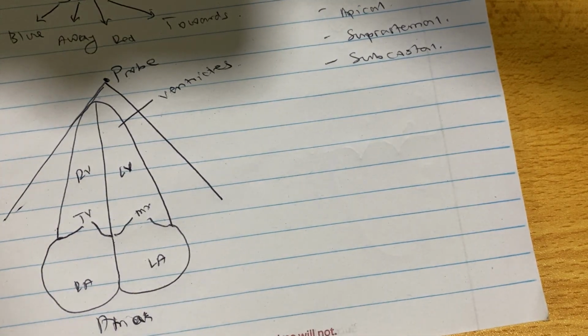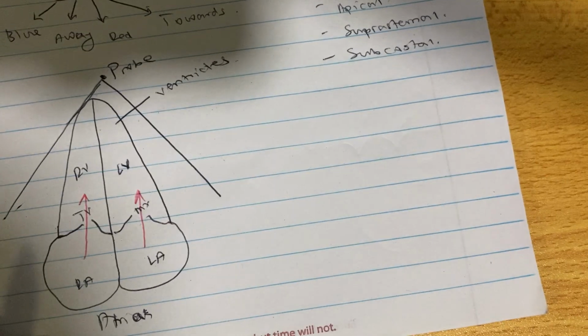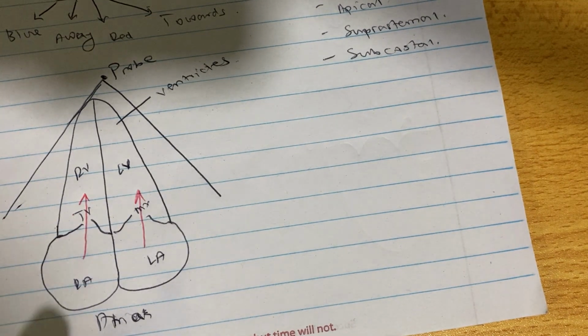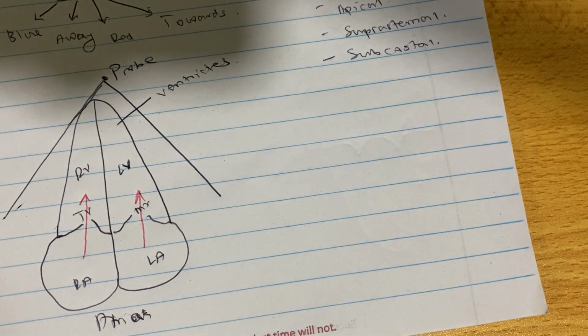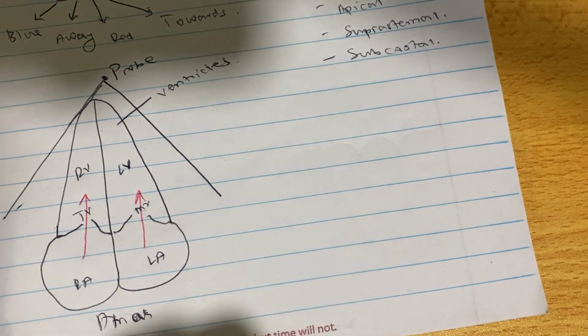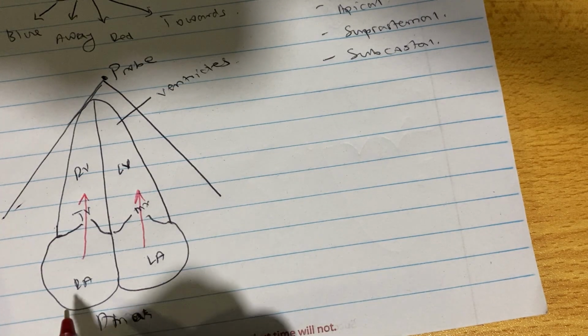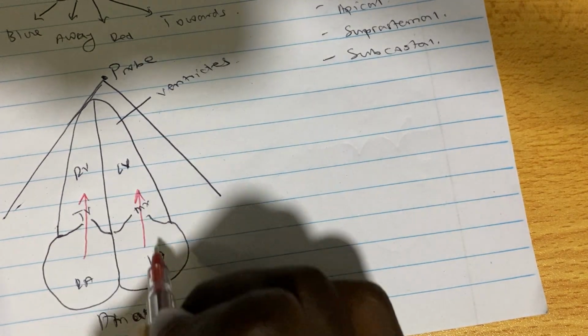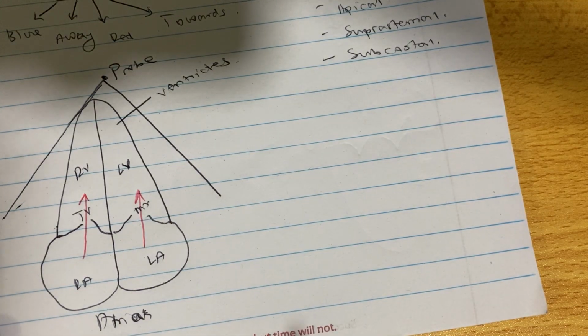From atria to ventricle, blood will be flowing in this direction. This direction is normal flow. Normal flow is going towards the transducer. We said blue away, red towards. So in this image orientation, normal blood flow is from atria to ventricles, meaning from right atrium and left atrium into right ventricle and left ventricle respectively.